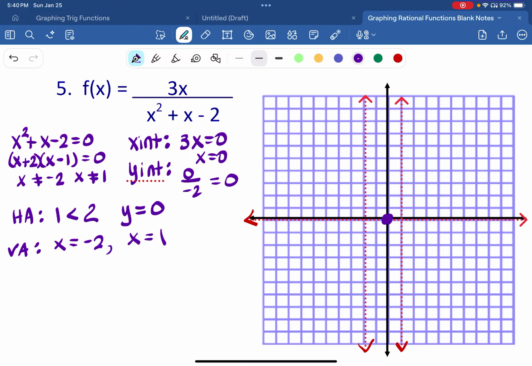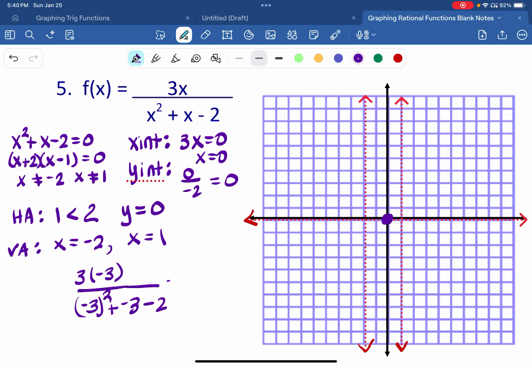I'm going to start with the left side. Since my first vertical asymptote is at -2, I'm going to pick a number smaller than -2 and plug it in. So let's do -3. If I plug in -3, I get 3 times -3 over -3 squared plus -3 minus 2.